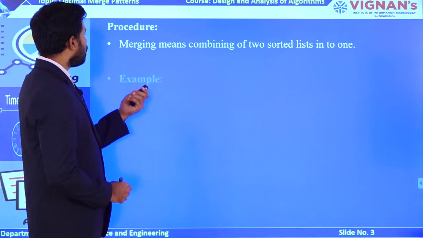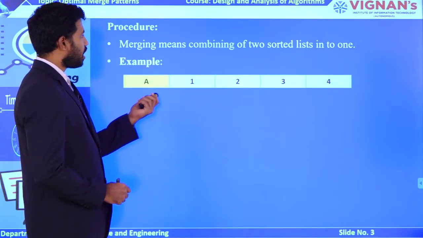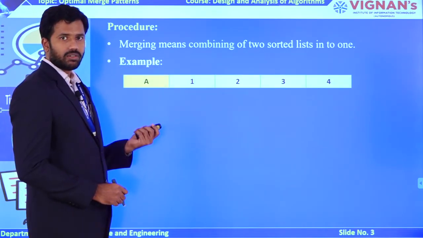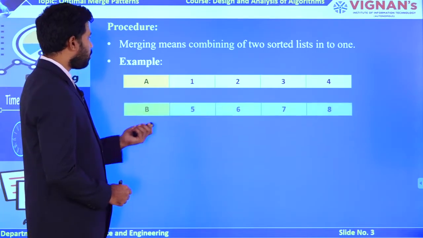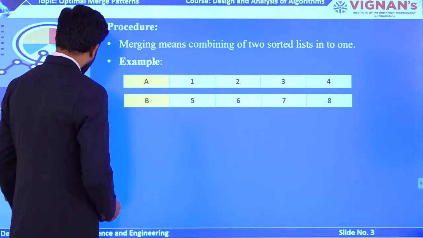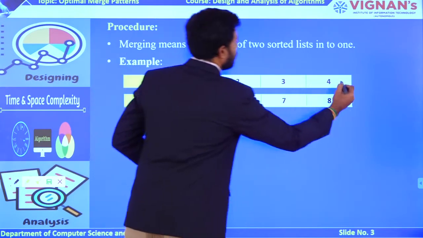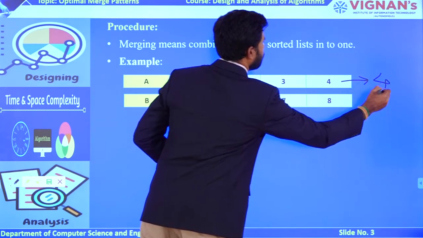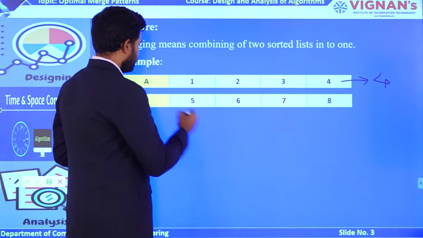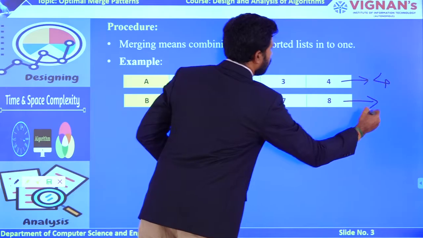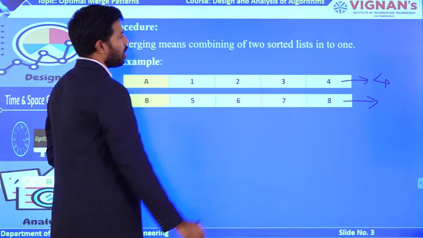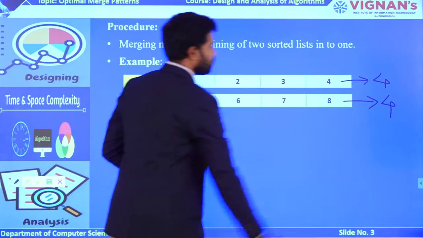For example, array A has 4 elements and array B has 4 elements. The first input sorted array has 4 elements, and the second input sorted array B also has 4 elements.